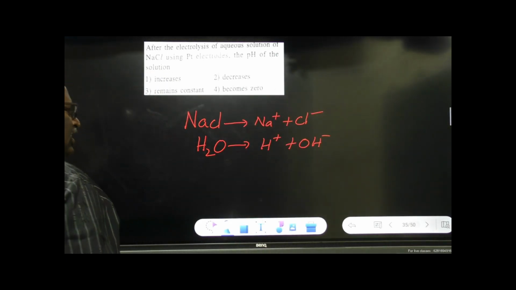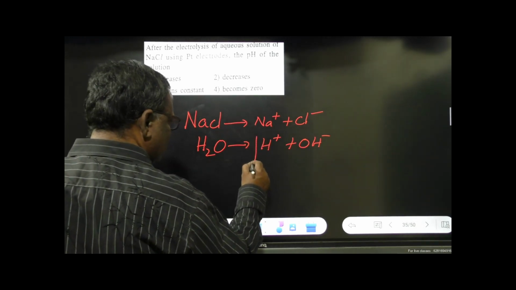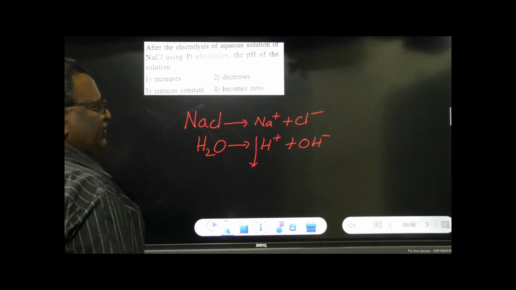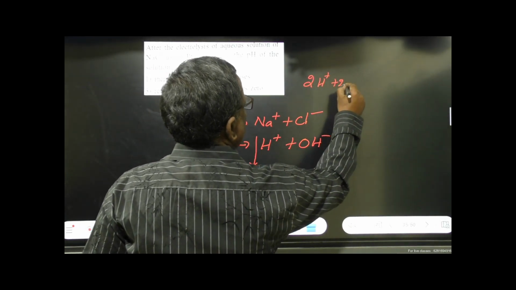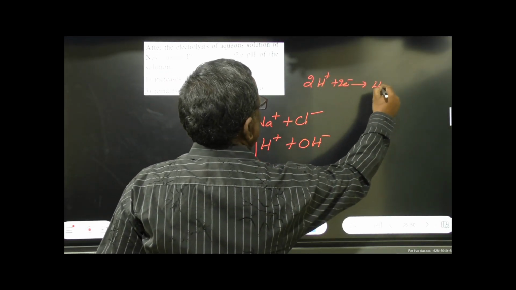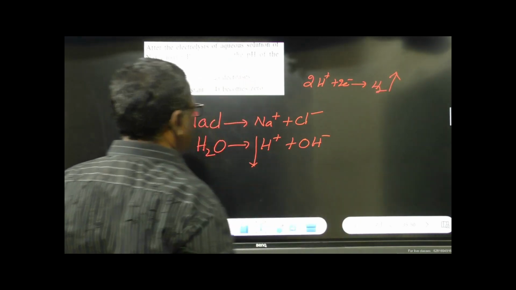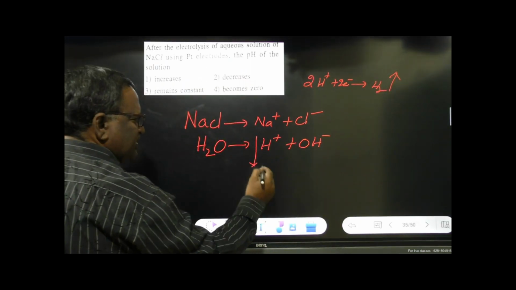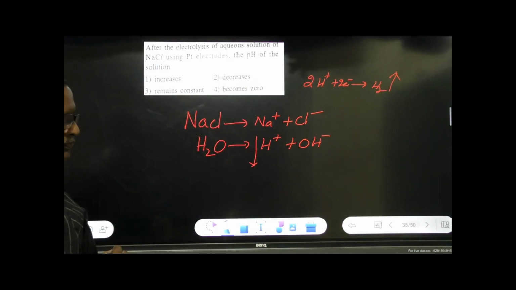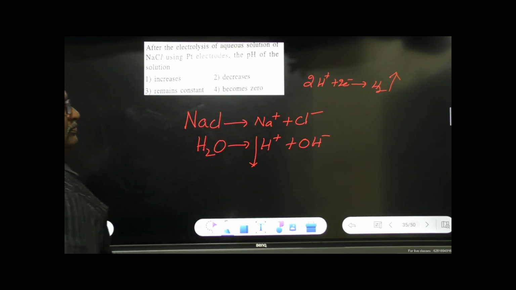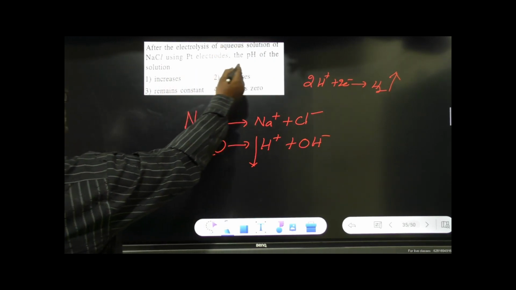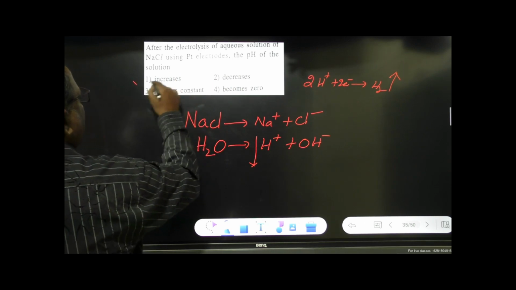During electrolysis, H plus ion concentration decreases because 2H plus plus 2e minus gives H2 and is liberated as H2 gas. That means H plus ion concentration is decreasing, which means pH will increase. So with platinum electrodes, the pH of the solution increases.